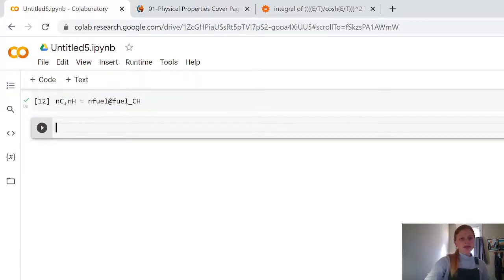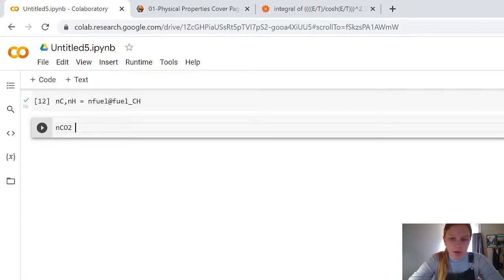Alright, so that's good. Now what we need to do is we need to get the different mole values for the other compounds. So we're just going to define a bunch of variables here. We're having moles. We had carbon dioxide, and that is going to be equal to the moles of carbon.